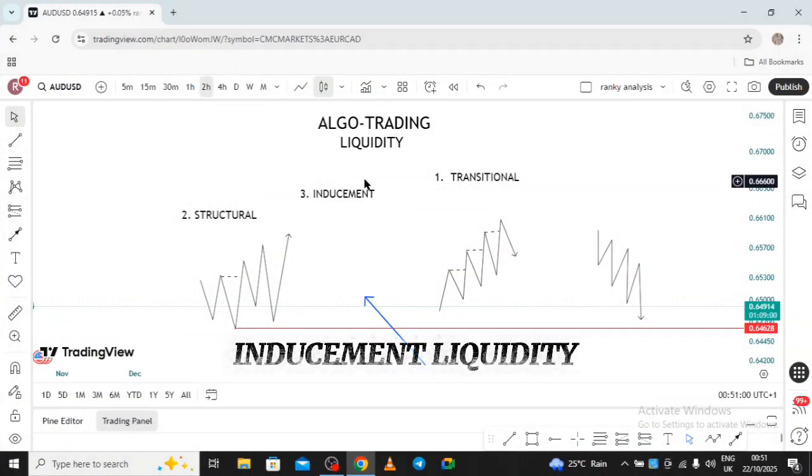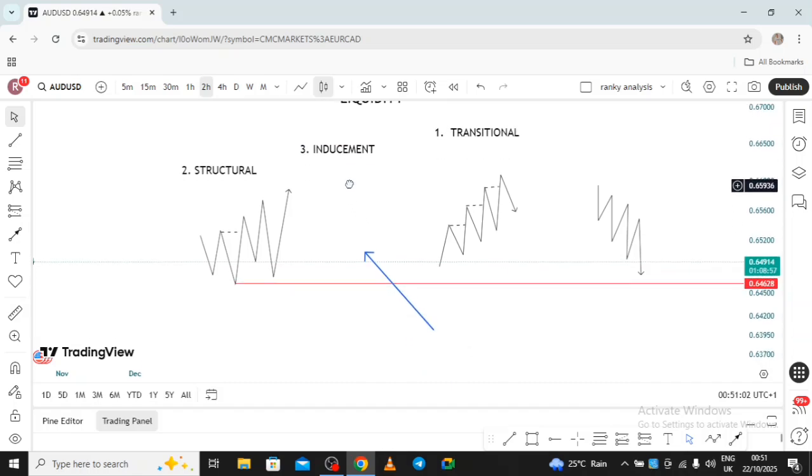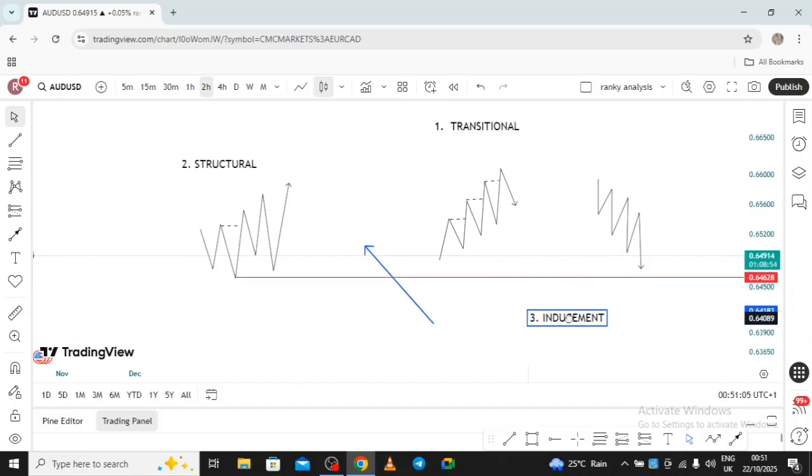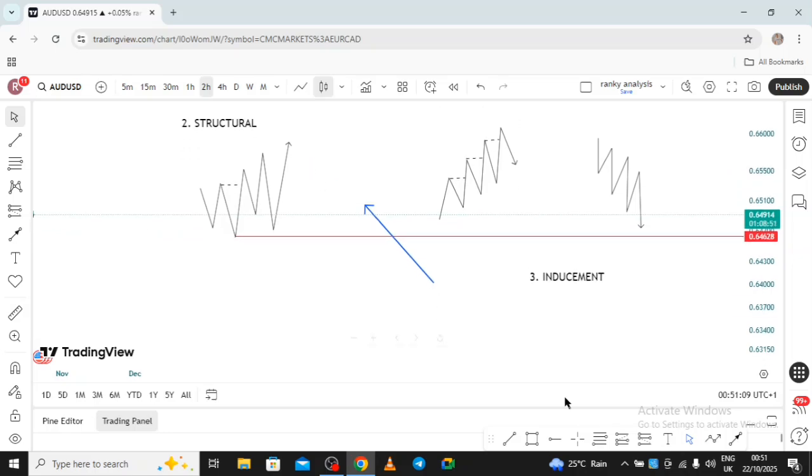Then we have the inducement. Whenever we have a sweep, then a break, and there's no structural liquidity in our setup, let's expect price to come back and take out the low, the protected low, and then continue buying to the upside.